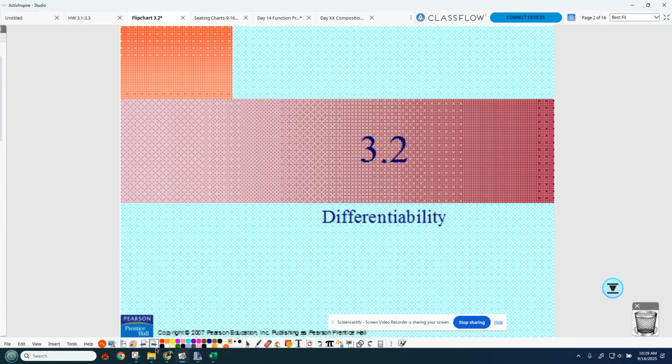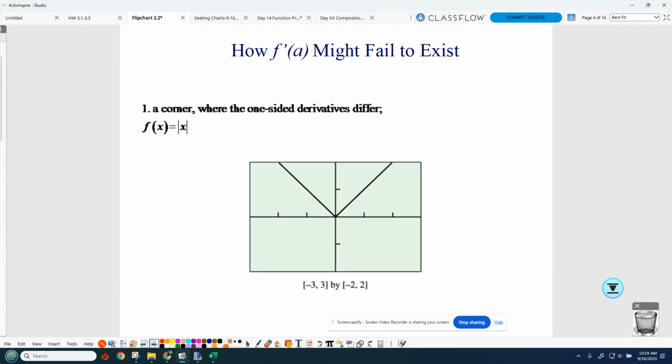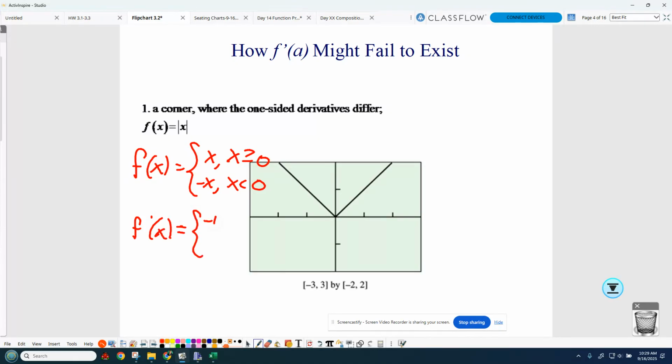Always amuses me. Okay, so this will probably be pretty fast. All right, we get the point. Can't do the derivative at a corner. The function is defined this way, and the derivative is -1 when x is less than 0, or +1 when x is bigger than 0.